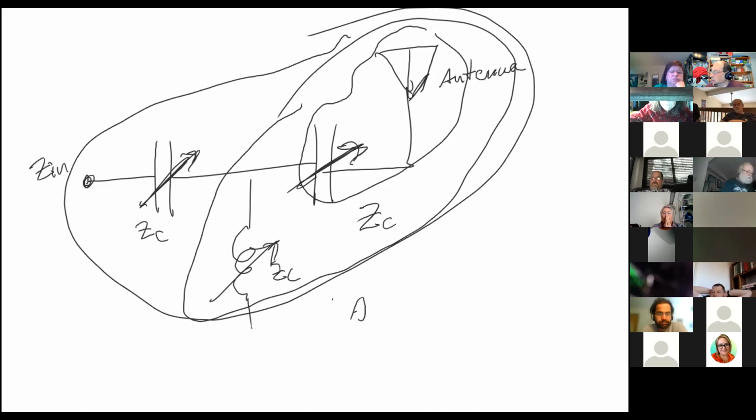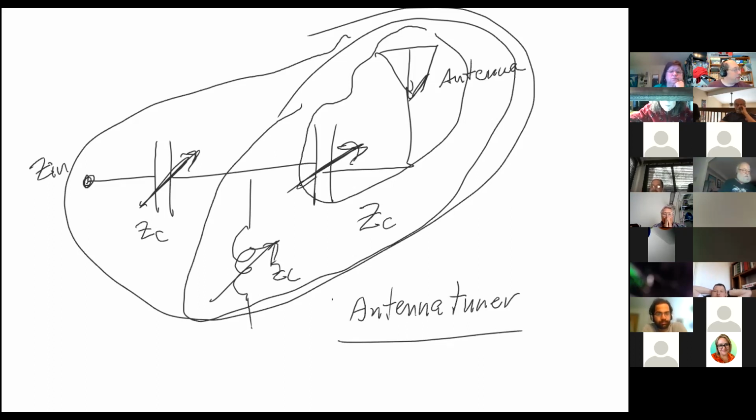This is known as an antenna tuner, or a match, or an impedance matching circuit. And it is a very, very important circuit because it allows us to efficiently transfer power into an antenna and make it look like a different impedance that the radio is looking for.